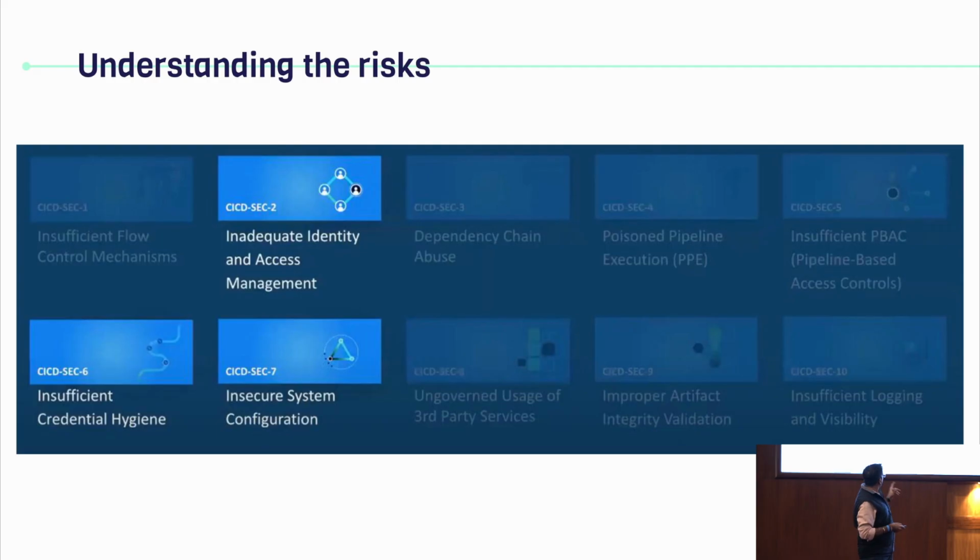Now, again, just a recap of the risks that were identified over here. It is CI/CD Sec 2, which is identity, CI/CD Sec 6, which is insufficient credential hygiene, and 7 is insecure system configuration, which is an overlap from the previous one.